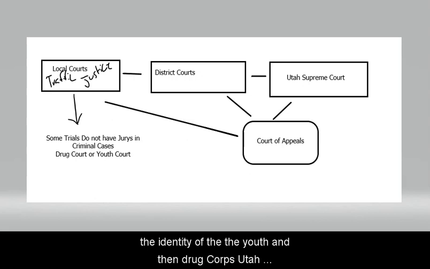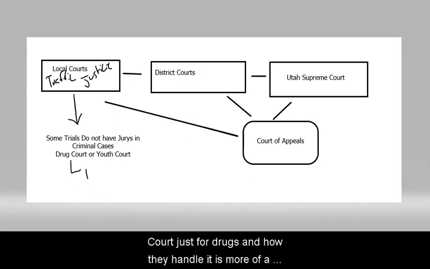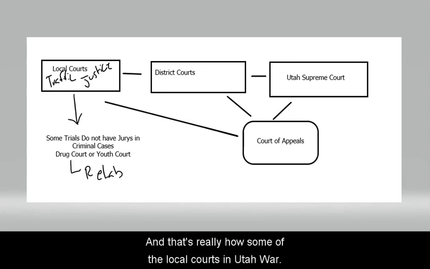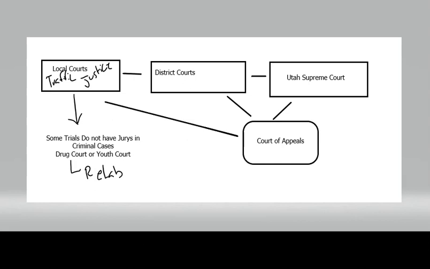And in drug court, Utah has actually pushed a new fight on drugs, specifically because of a lot of the opioid epidemic and the drug use in Utah, so they have a specific court just for drugs. How they handle it is more of a rehabilitation program than a sentencing program. Okay, and that's really how some of the local courts in Utah work.